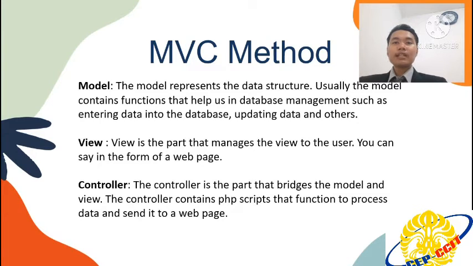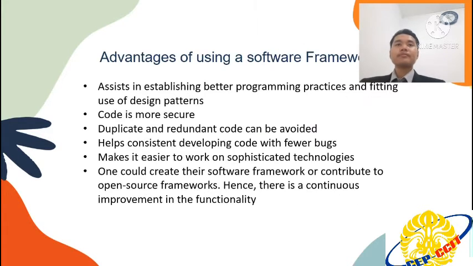View is the part that manages the view to the user. You can say in the form of a web page. And the last, controller. The controller is the bridge between the model and view. The controller contains PHP scripts that function to process data and send it to a web page.